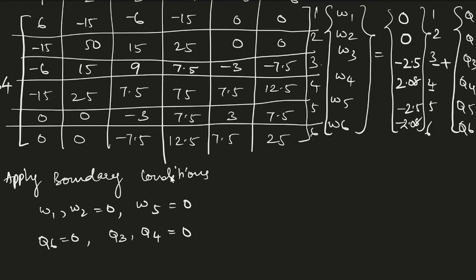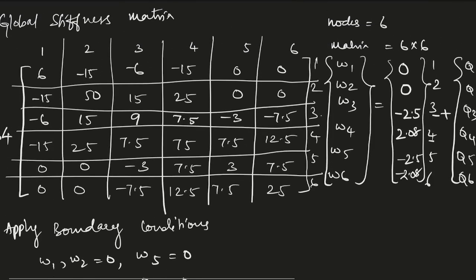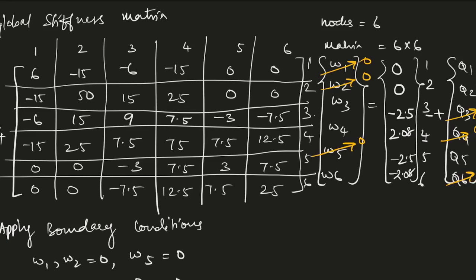By looking at these values we can frame the equation now. w1 is 0, w2 is 0, and w5 is 0. We have to find q1 and q2. q3 is 0, q4 is 0, and q6 is 0.